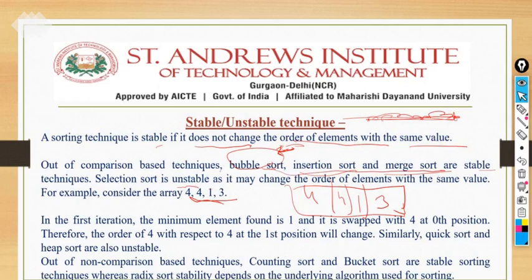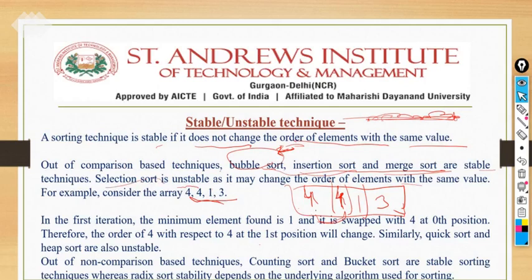Selection sort is unstable, as it may change the order of the elements with the same values. If the order may change for this 4 and this 4, that is called unstable. An example for unstable is selection sort.